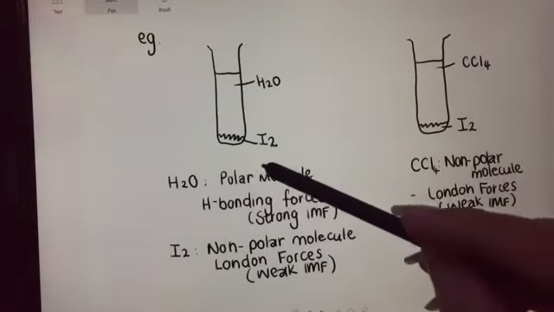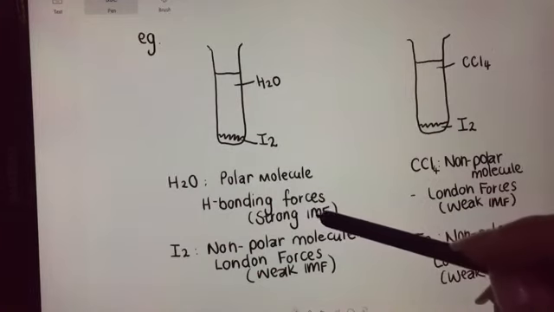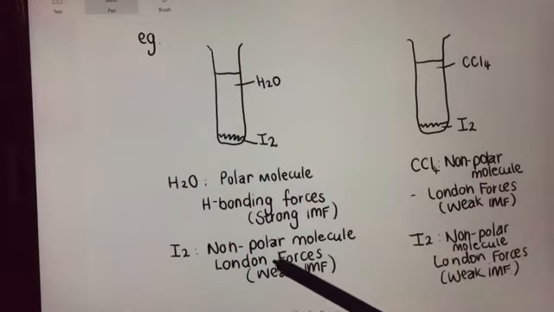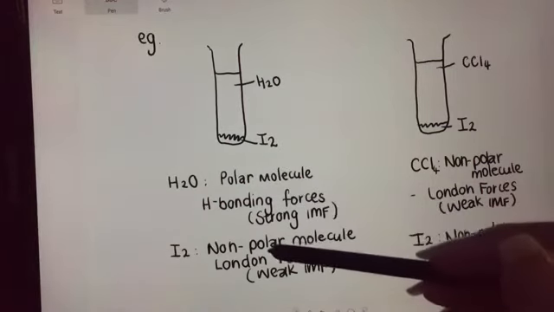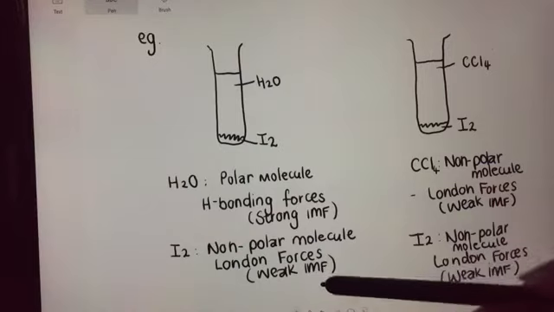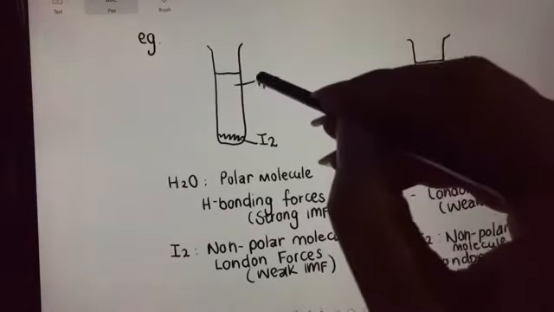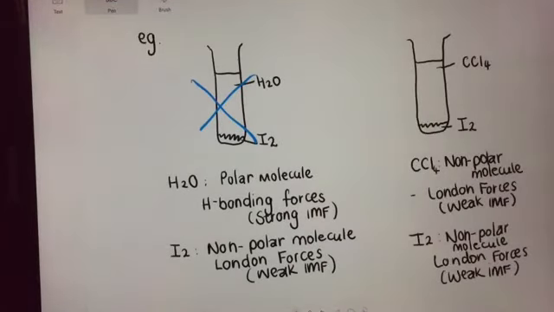Water, as we know, has polar molecules with strong intermolecular forces, hydrogen bonding forces. The iodine has non-polar molecules with weak intermolecular forces. So I have polar molecules and non-polar molecules, strong forces and weak forces. Like dissolves like definitely doesn't apply there, so the iodine will not dissolve in the water.